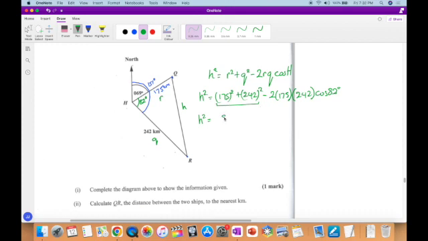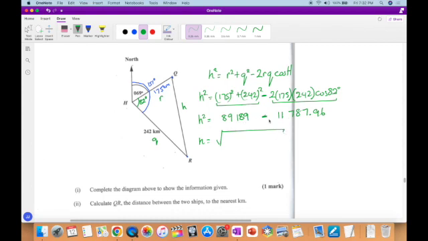So this works out to be 89189. I have this minus sign here, and now I'm just going to work this out without the minus sign, and that'll be the cos of 82 is 0.139 multiplied by 242 multiplied by 175 multiplied by 2, and I get about 11787.96. And so now h will be the square root of the difference of these.